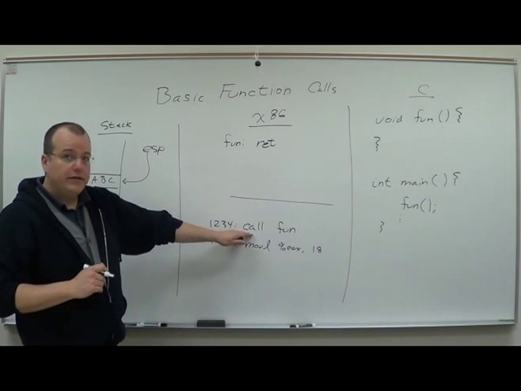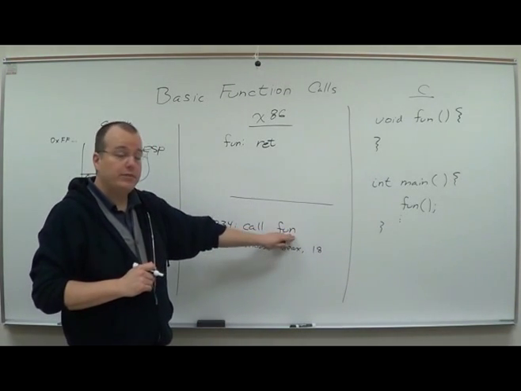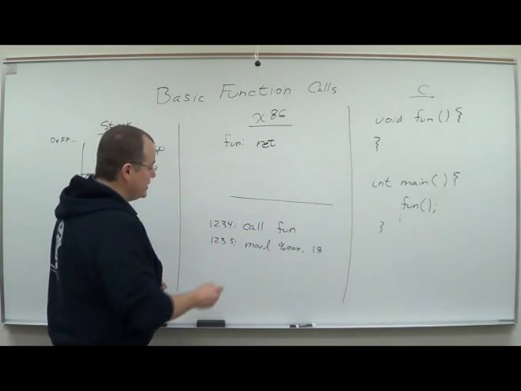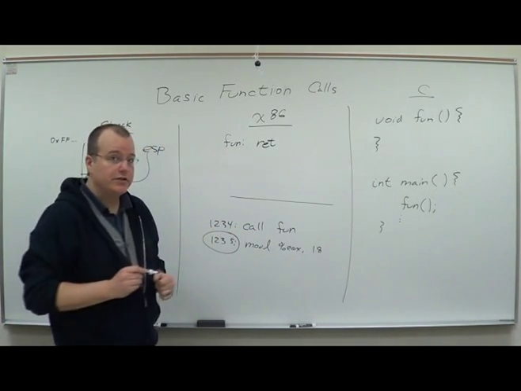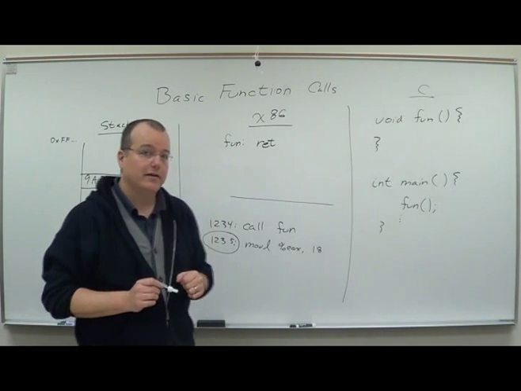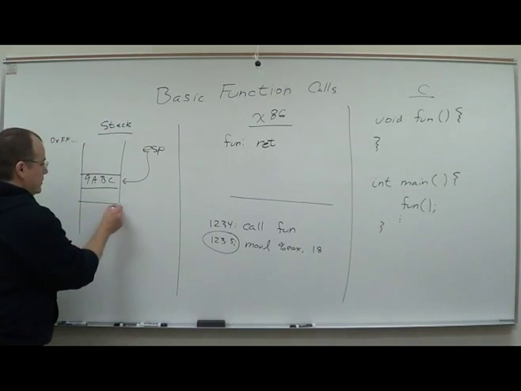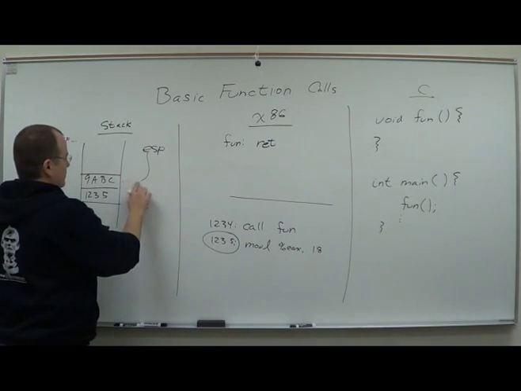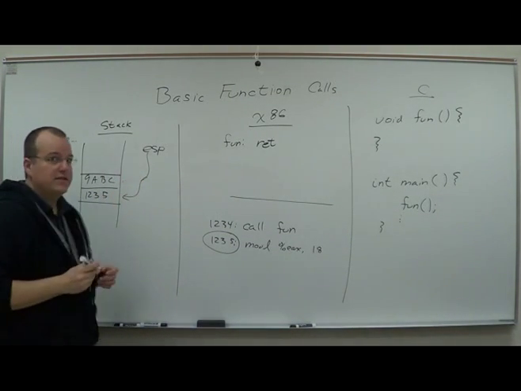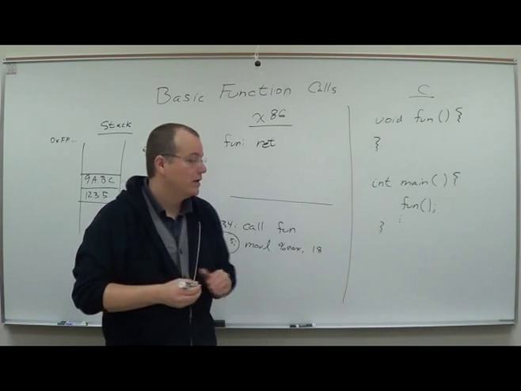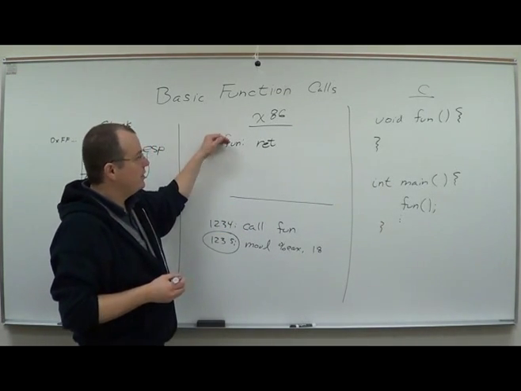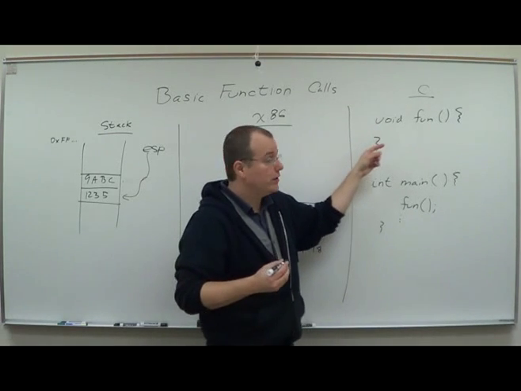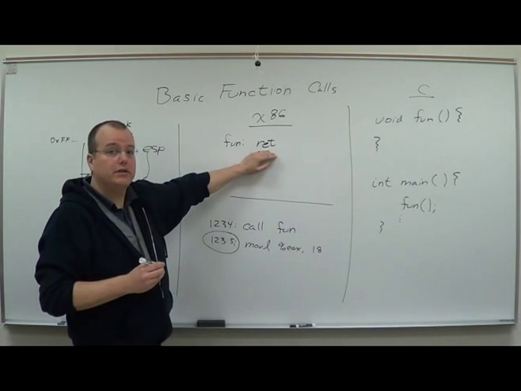When the call executes, it says, hey, jump to the function. Jump up here. But it also takes the address of the very next instruction and pushes it onto the stack, and causes the stack pointer to point there. Thread of execution jumps up here, it does some work, in our case very little work, and then executes a return.